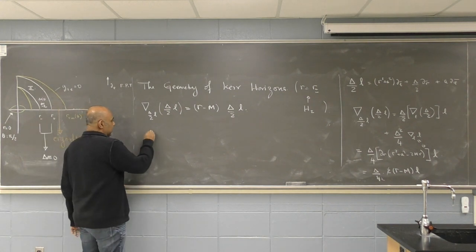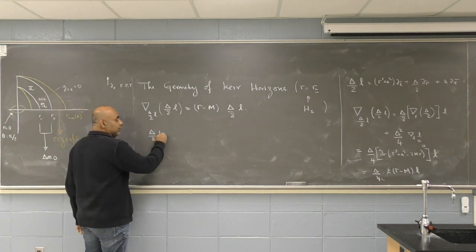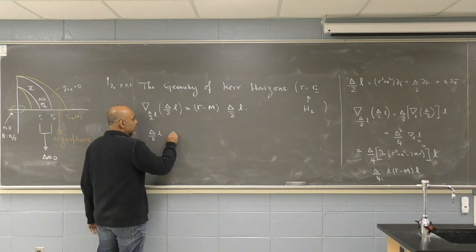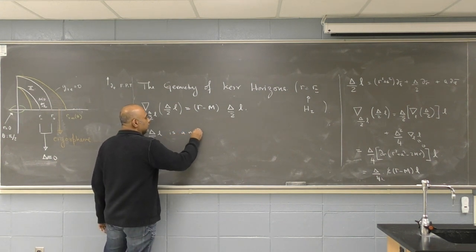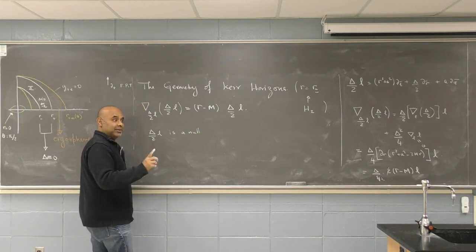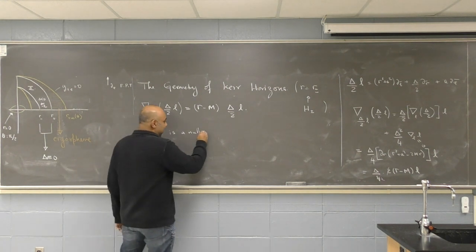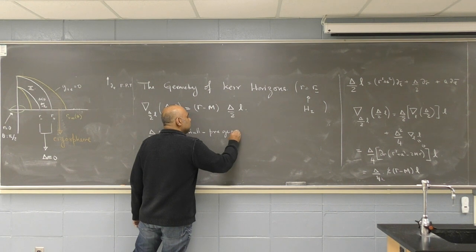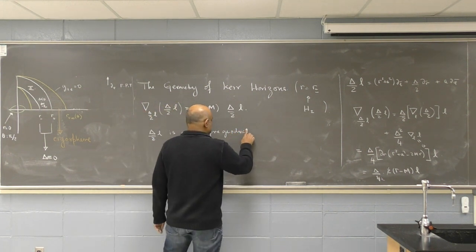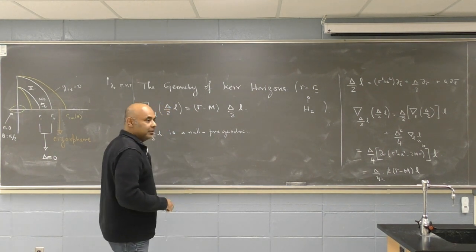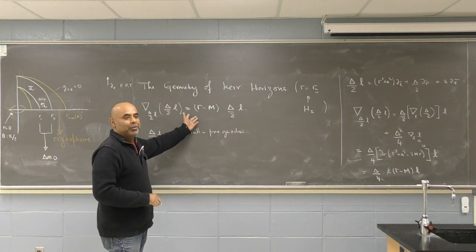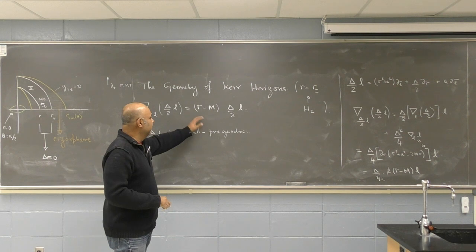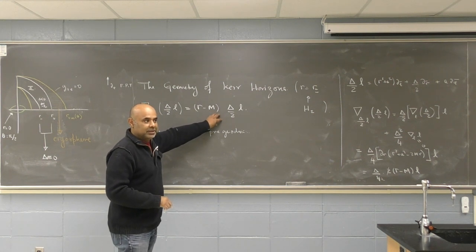That delta over 2 L is a null what? Pre-geodesic. And I will pose a question and maybe even discuss it next time. What is a pre-geodesic? It can be reparameterized to have 0 on this side.